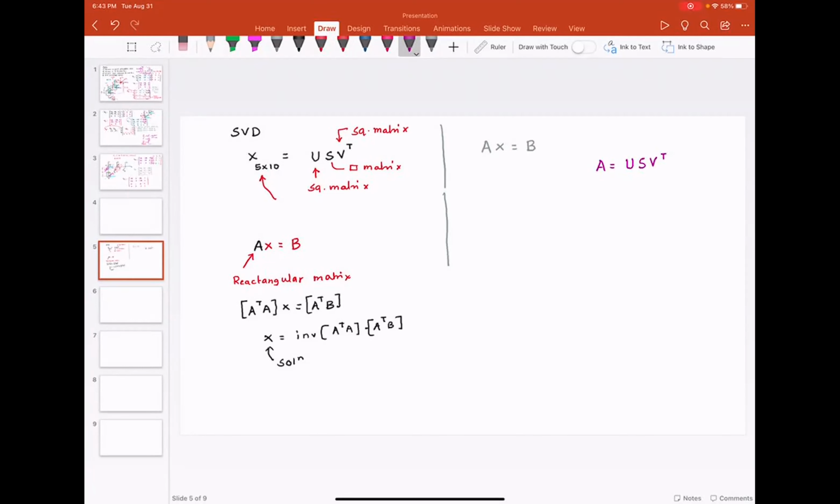So first I'm going to find the SVD of A. This is going to be U S V transpose. And please note, this is known, this is also known, B is known, and X is actually unknown.